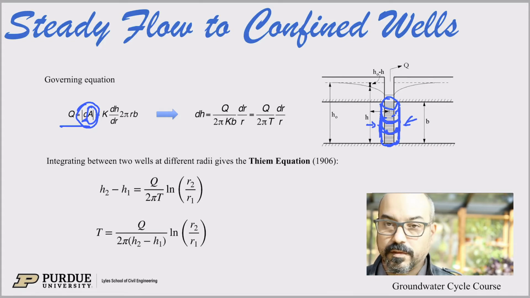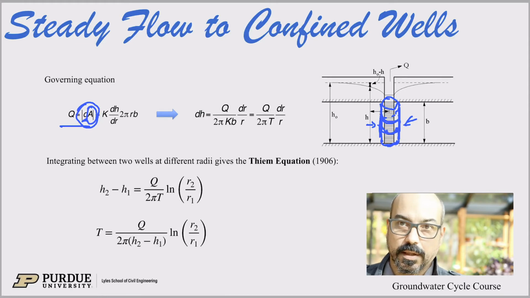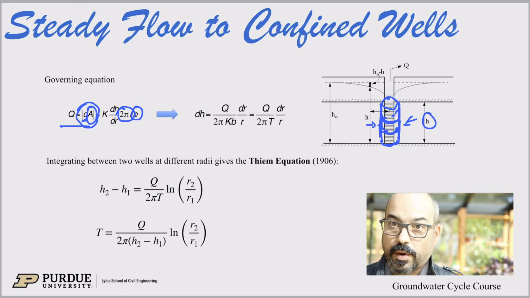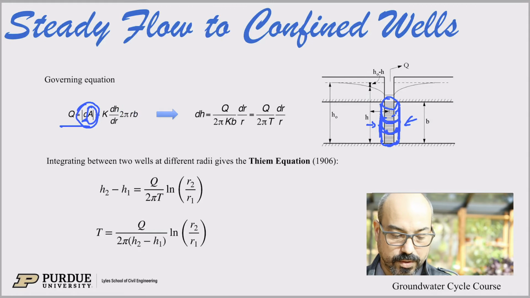The area we're looking for is that area all around the well where the water is seeping into the well, where that screen was in the previous picture. Now the area of this is, of course, the perimeter times the height of the cylinder. So it's 2 pi r for the perimeter, and then b for the height. So this is the area around that sleeve around the well where the water is seeping in. If you understand this, you understand most of what you need.